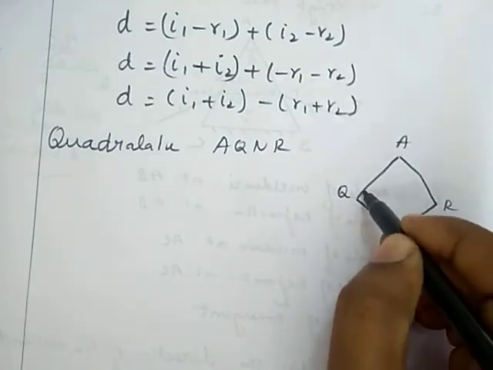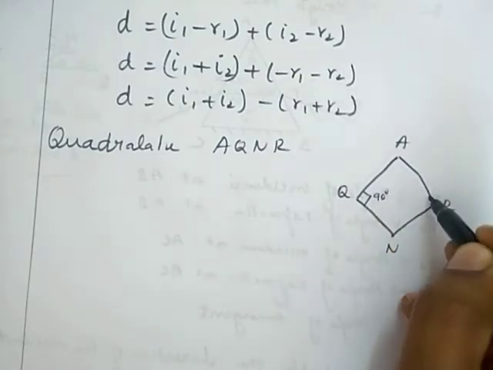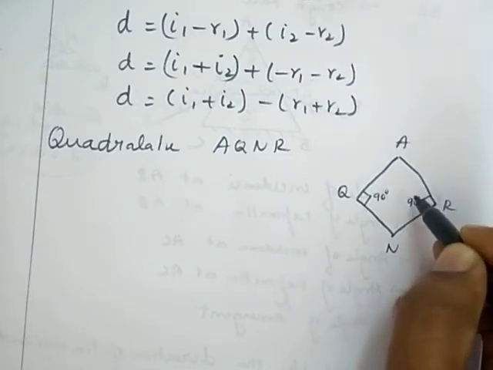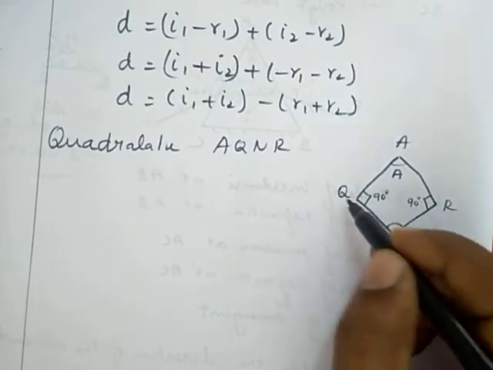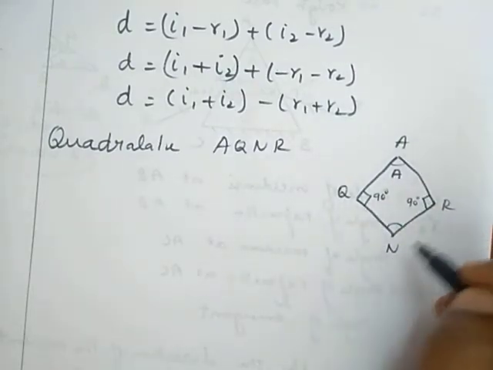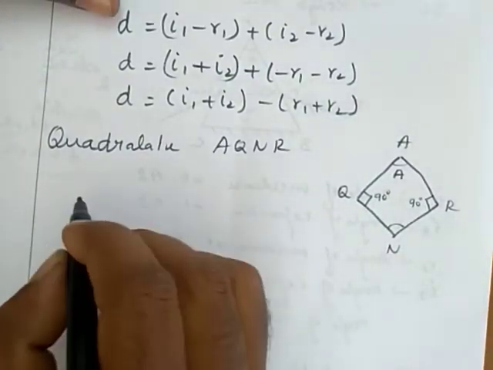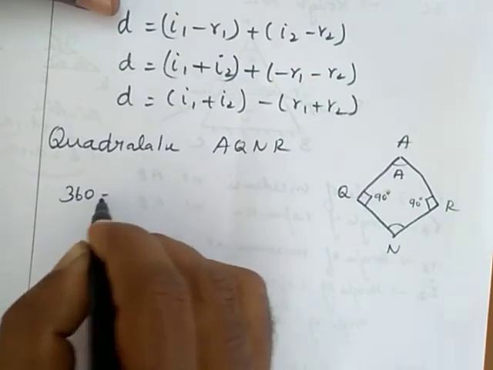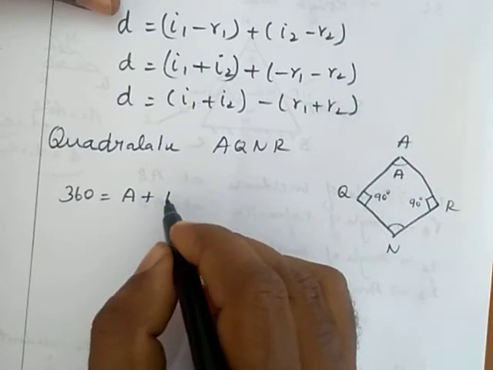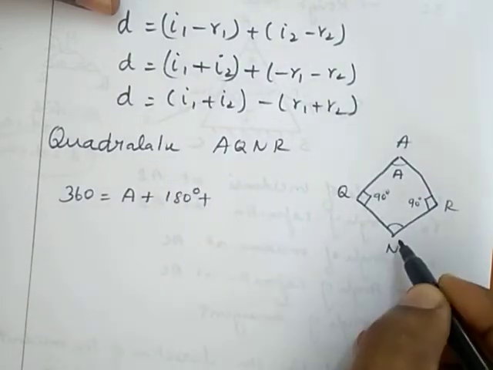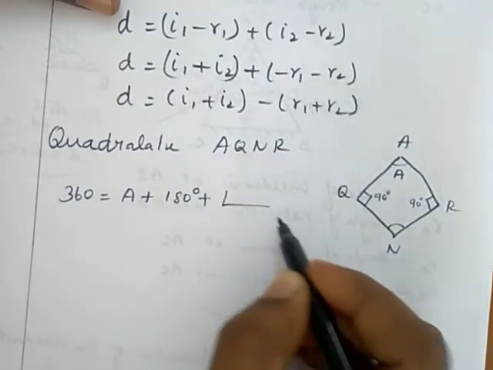We know this is 90 degrees, this also 90 degrees. Here it is the angle of the prism A. This angle can be written as QNR. We know the summation of the angles inside the quadrilateral will be 360 degrees. That is equal to angle A plus 90 plus 90, 180 degrees, plus this angle QNR.